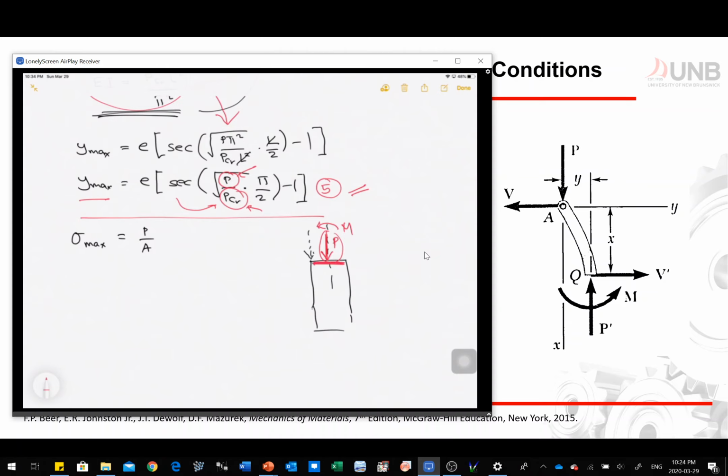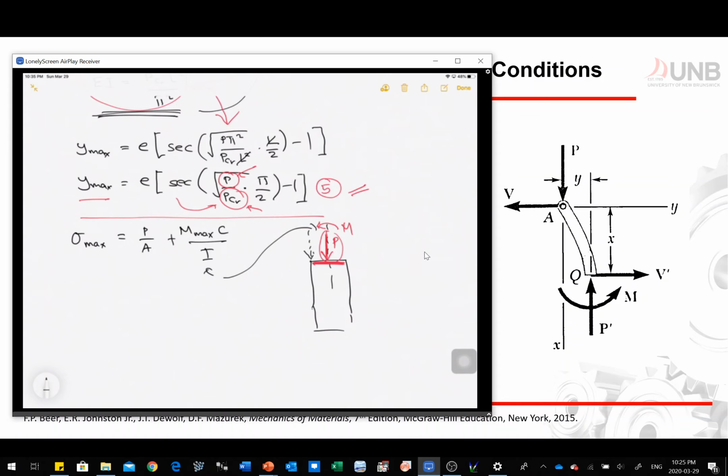So that's P over A. How about accounting for that moment? Just imagine your moment also produces a stress. And that stress, as we discussed in the previous lecture, is your moment, let's call it maximum, times c, the distance to the outer fiber of your section, over I, the moment of inertia. Now, this is Mc over I, and that's the stress caused by our moment.